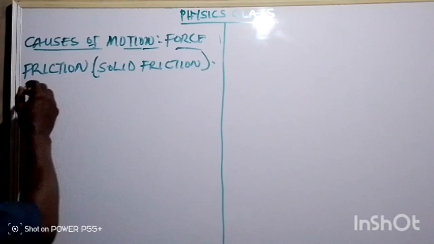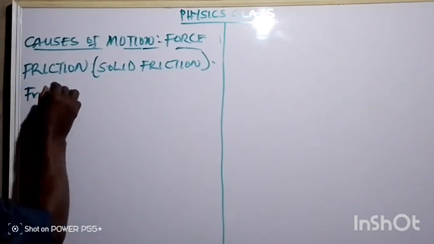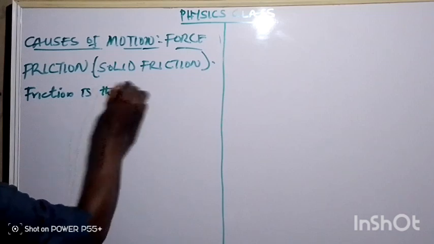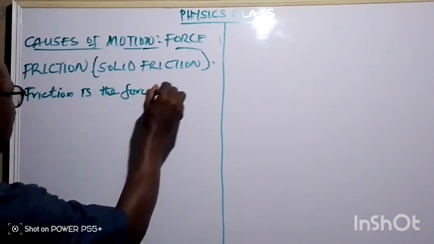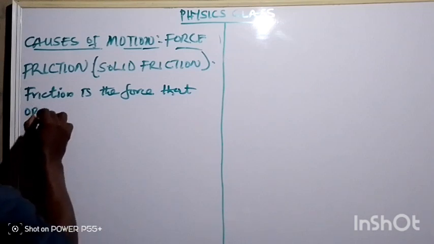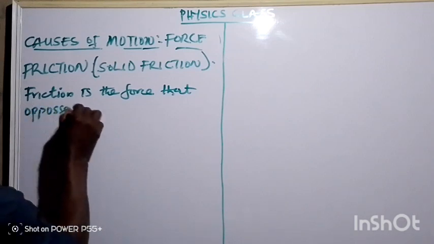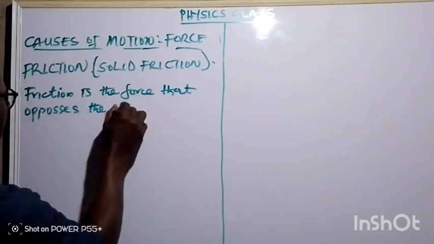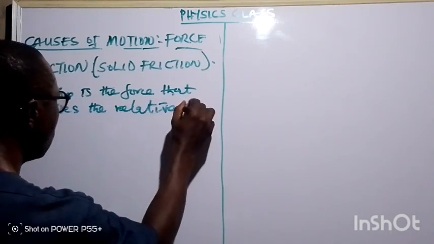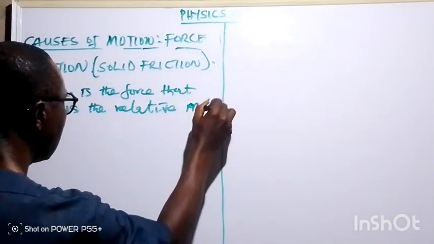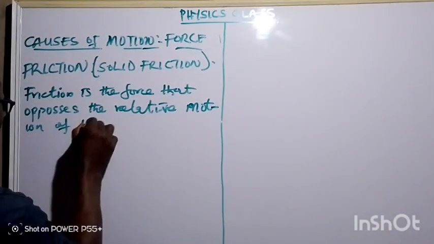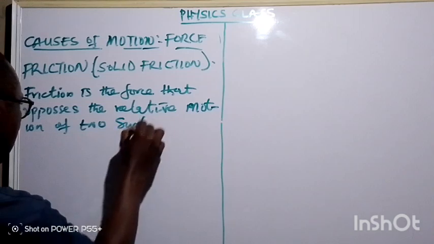That's right. Friction is the force that opposes the relative motion of two surfaces.